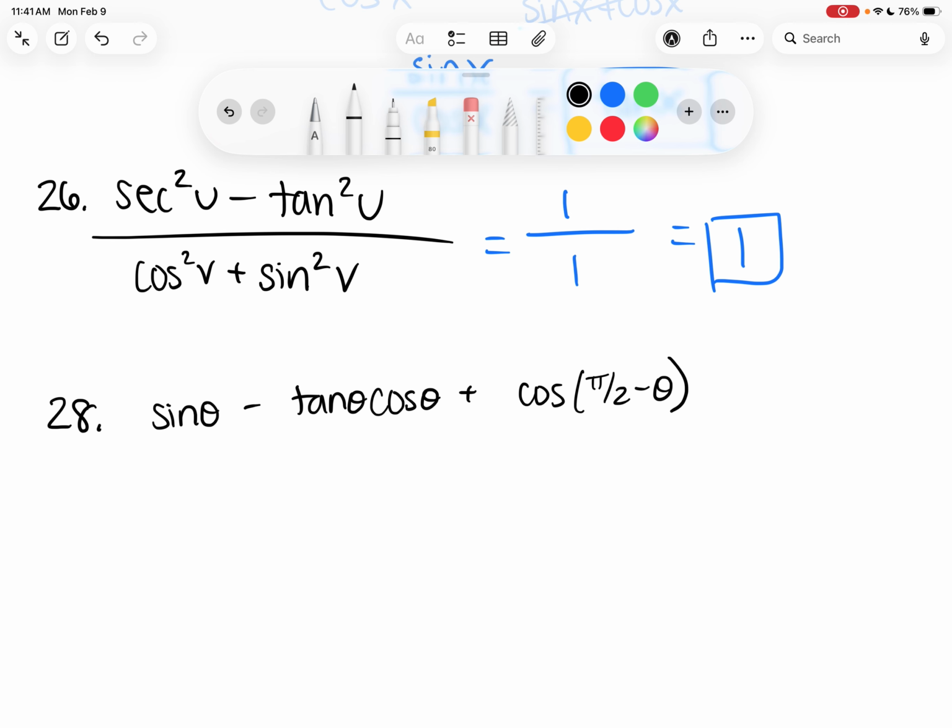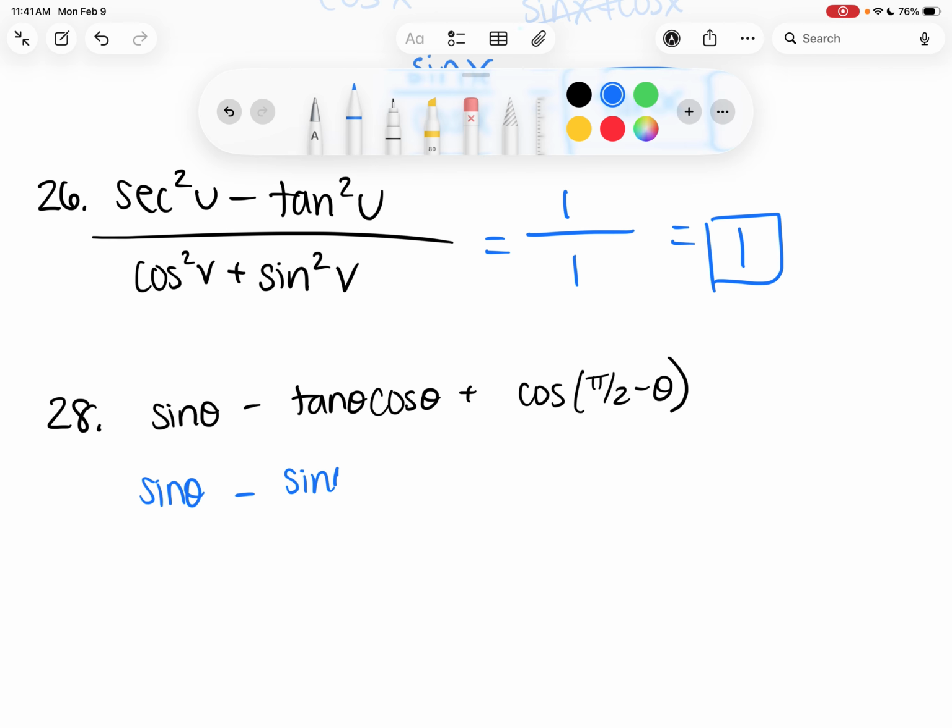All right, so first thing I have to do is rewrite everything in terms of sine and cosine. So sine of theta is going to stay. And then I have minus, how can I rewrite tangent as sine and cosine? Sine over cosine.